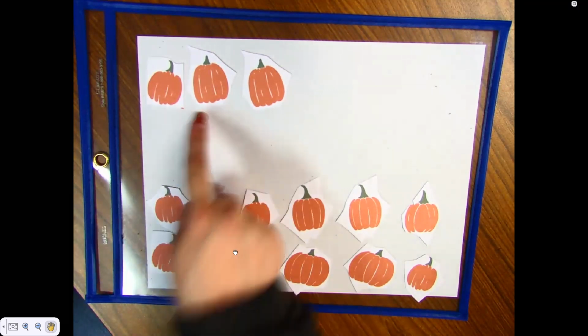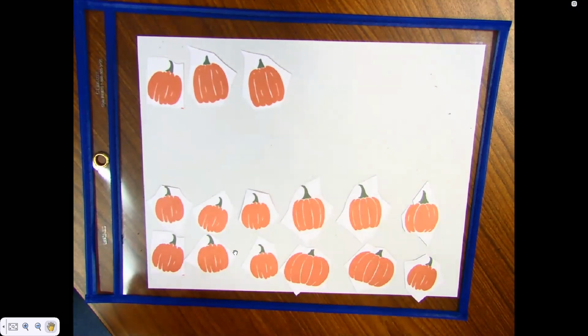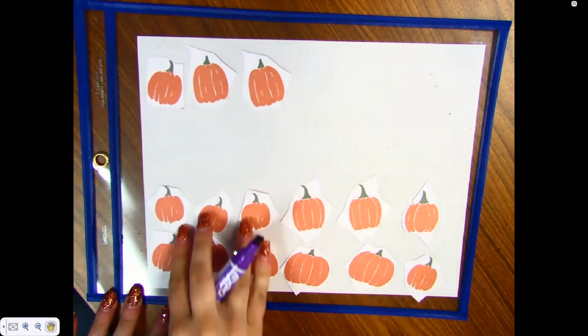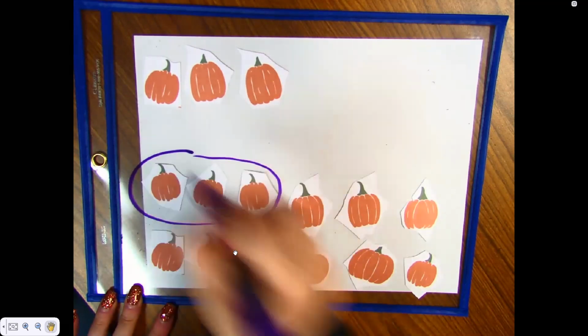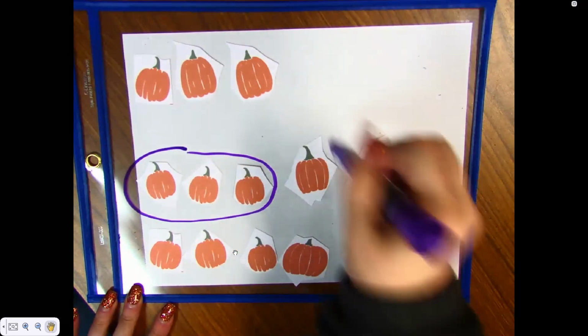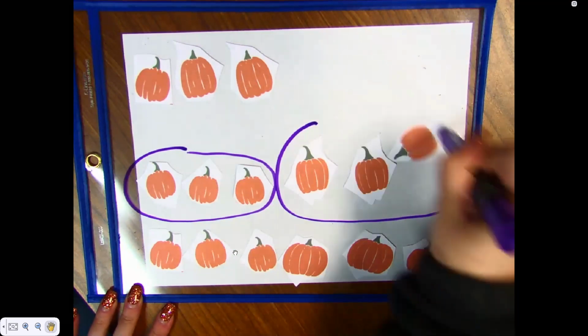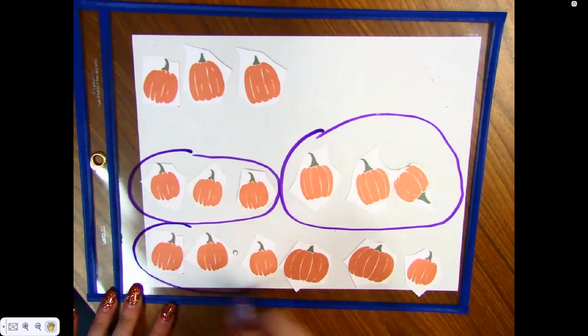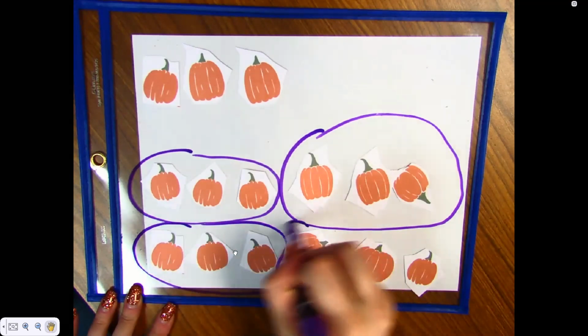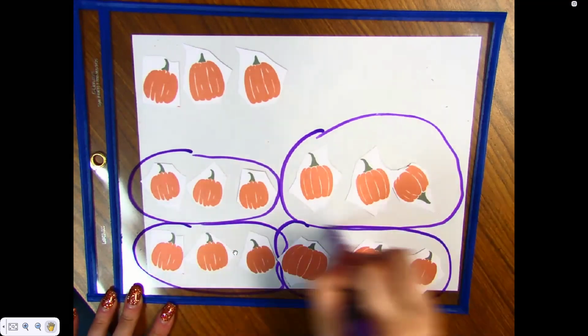Okay. So then she would have, ready? 1, 2, 3, 4.